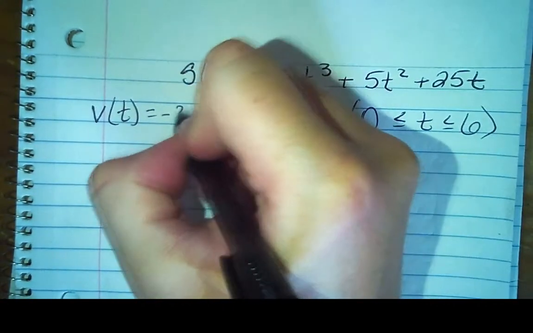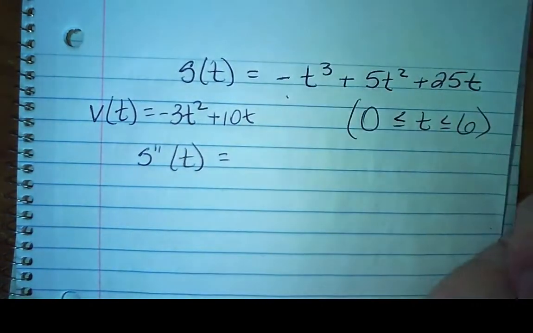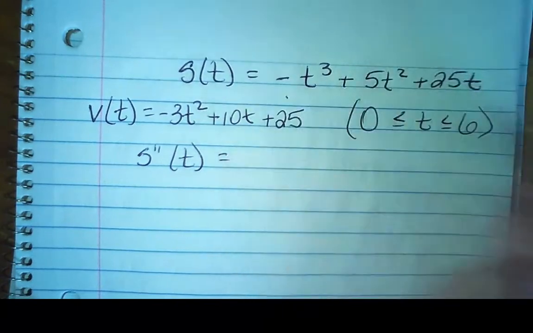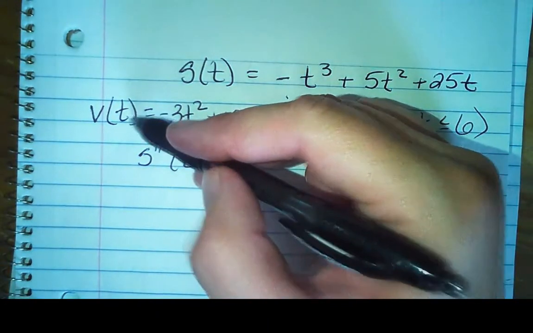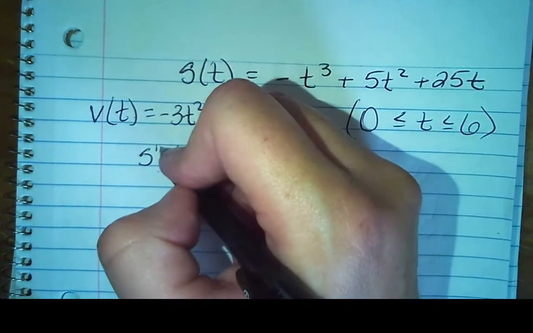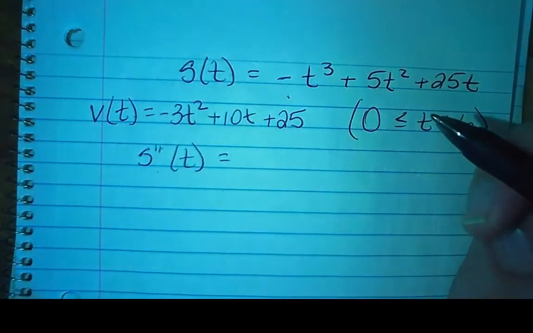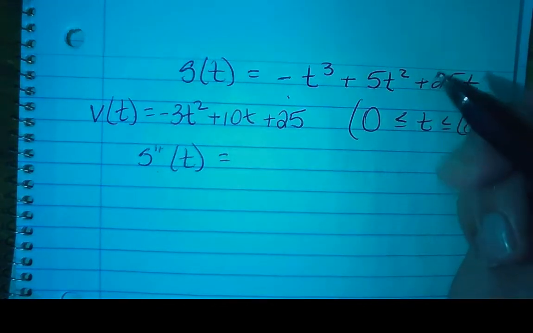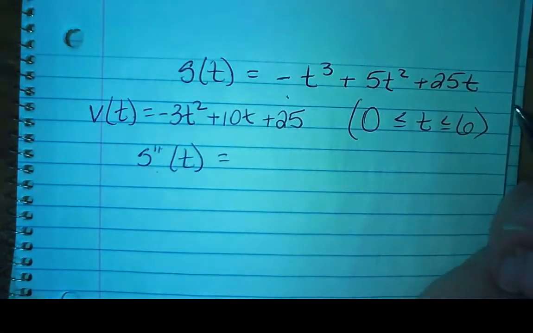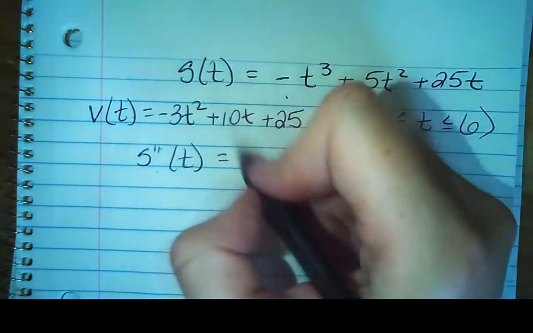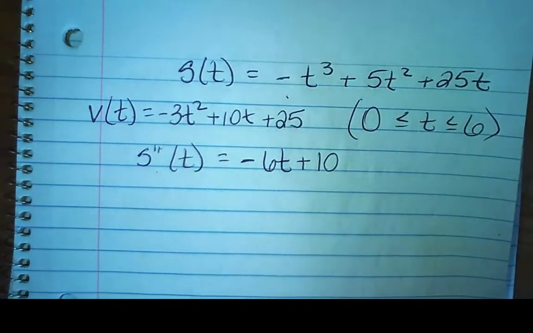So I get negative 3t squared plus 10t plus 25. That's velocity. The derivative of velocity will give me acceleration. So my general expression for the car's acceleration at any time is my second derivative, which is negative 6t plus 10.